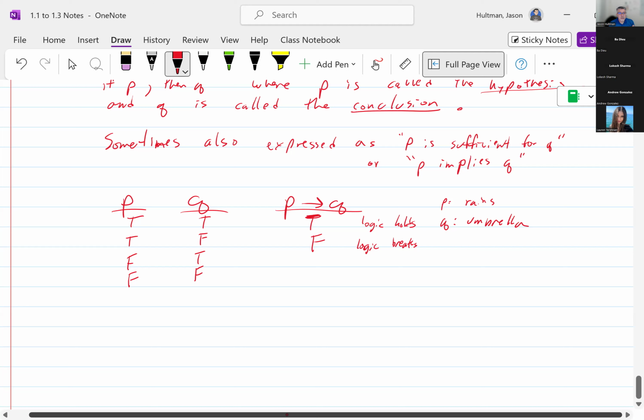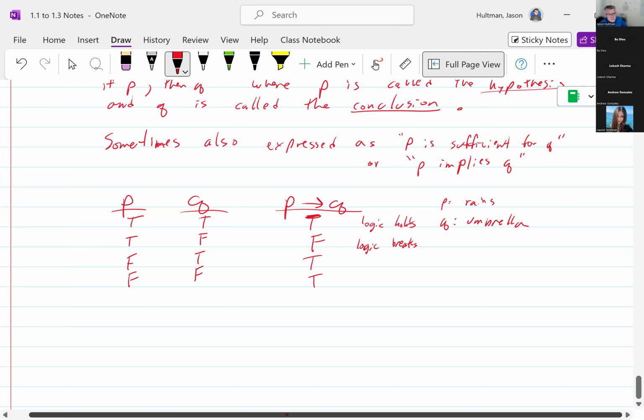If it doesn't rain, if the hypothesis is false, then it doesn't matter whether or not I carry an umbrella, because the condition is that it rains. I could carry an umbrella on a sunny day or not. It has nothing to do with the premise. And so if the hypothesis is false, then the implies is actually always true.